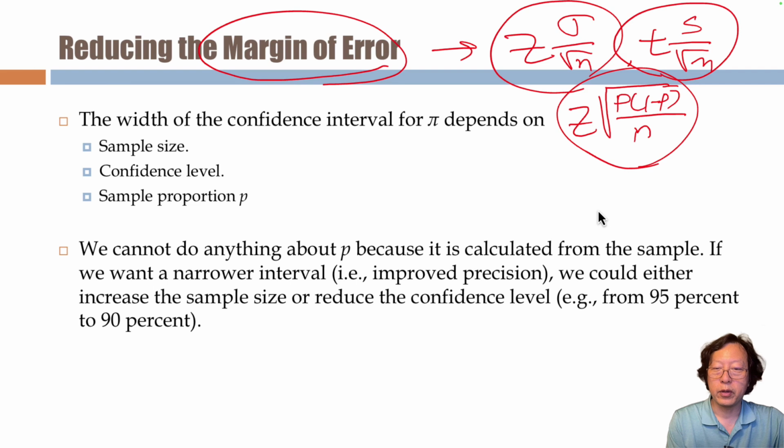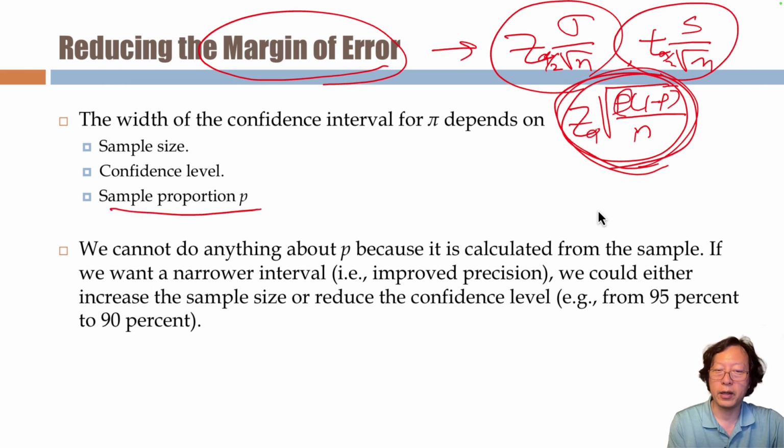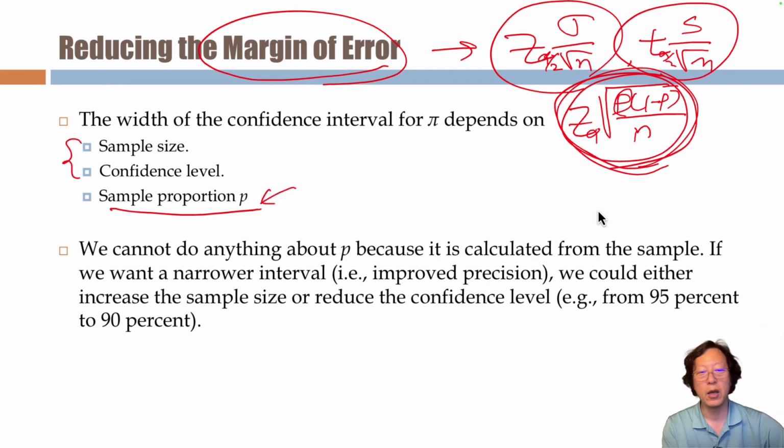So the width of the confidence interval is affected by the confidence level, and then the standard deviation, and in this case it's affected by p, alpha, and n. Again, we don't have control over p, so we can change the sample size or the confidence level.